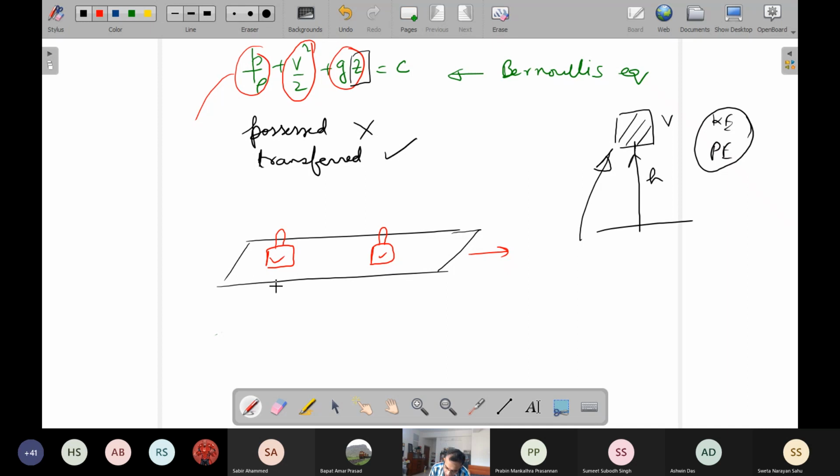So instead of this suitcase, we can imagine a packet of energy. What is that packet of energy? It is kinetic energy plus potential energy plus flow energy. What this simply says is that this packet of energy is simply transferred. It is never possessed at any point. In that way, the sum total of the kinetic, potential and flow energy remains conserved as it is being transferred.